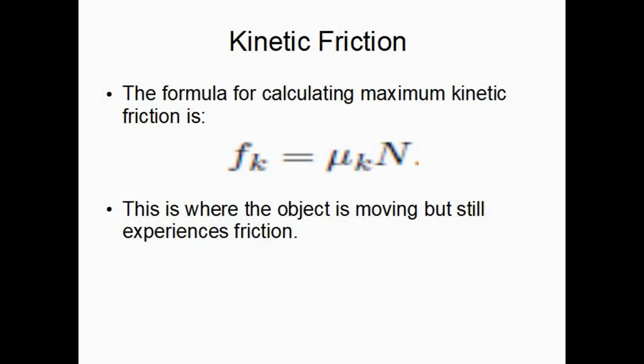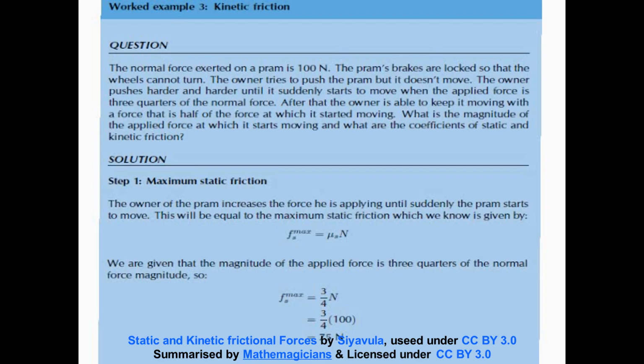Let's have a look quickly at a worked example where we need to calculate the kinetic friction. This is a more intricate question, a little bit bigger, with more information. Let's read it together. The normal force exerted on a pram is 100 newtons. I'll work this on the whiteboard with you.